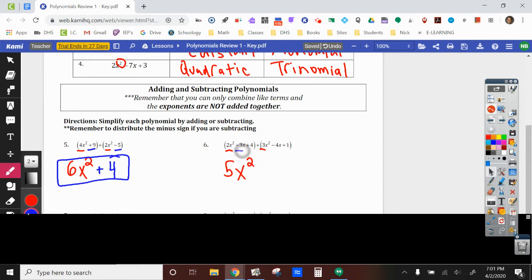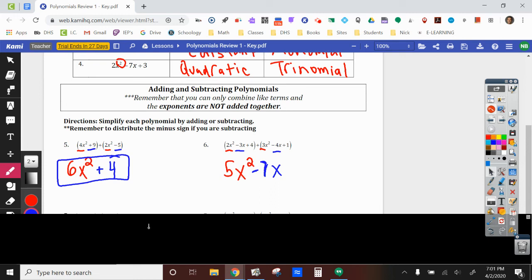We have a minus 3x, and we have a minus 4x. Those are both x terms, so I can just put those together. But anytime you have a minus, I always like to say use your calculator, play it safe, because you don't want to make any careless mistakes here. So a negative 3x minus 4 more x's is going to be a negative 7x.